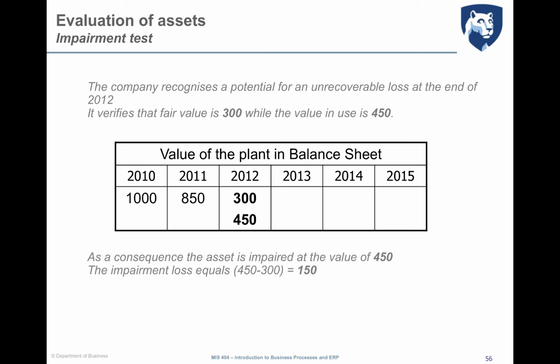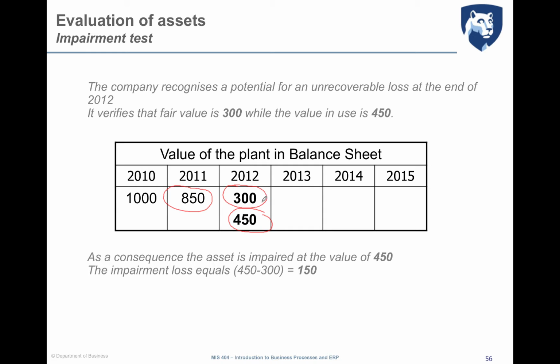Let's see also in this case an example. Let's reconsider the example before. We have an asset that after the first year has this market value, and after the third year, we know that the market value is 300, while the value in use is 450.